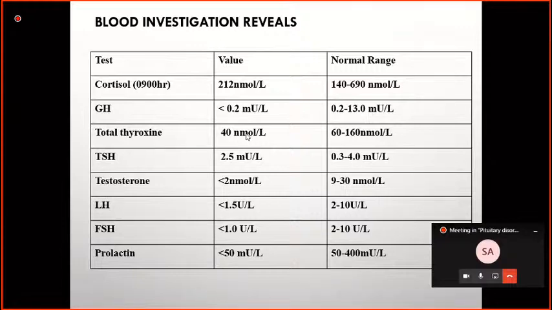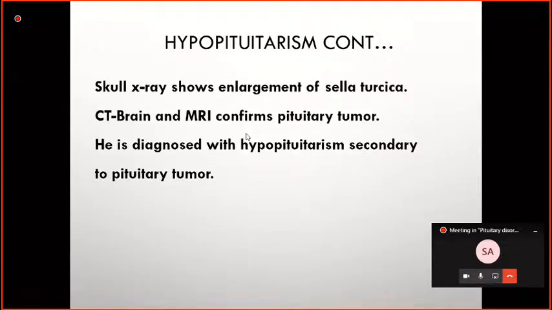When you have hypopituitarism, it doesn't mean that all the hormones will be affected in one go. It is usually gradual, and it depends on the cause. So skull X-ray shows enlarged sella turcica. What does it mean?